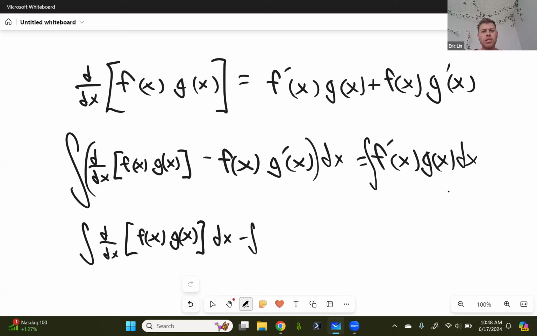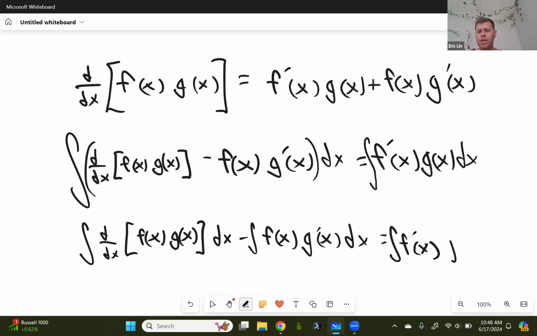Because these two things are a difference, I can choose to split it into two integrals, which I'm sure you already know, but I just want to be explicit in my explanation. g prime of x dx is equal to f prime of x, g of x dx.